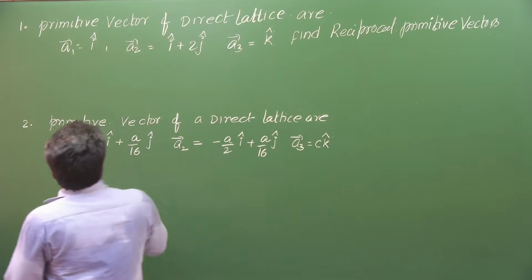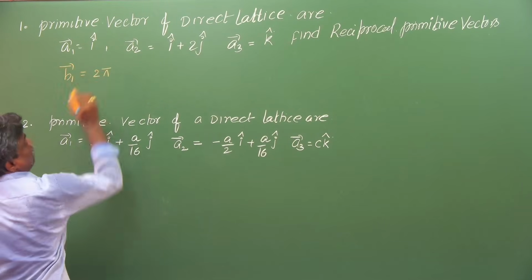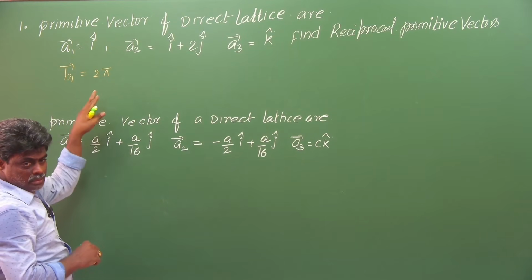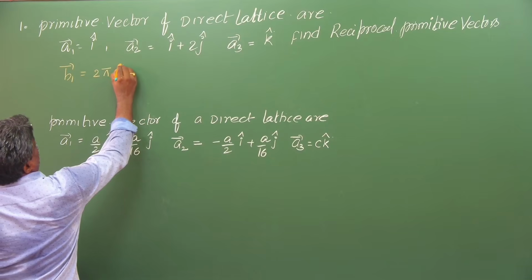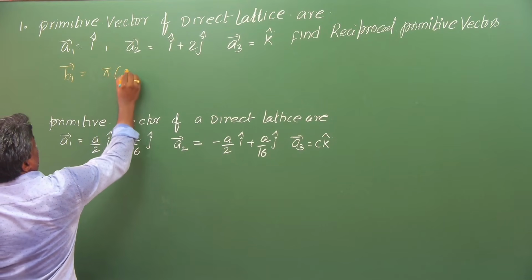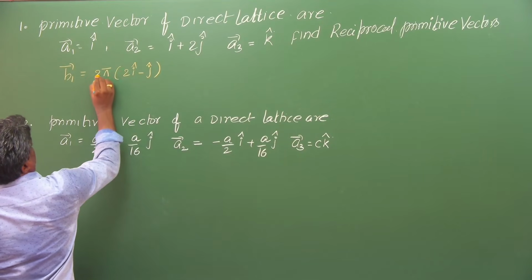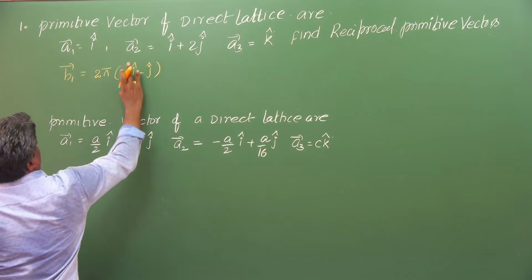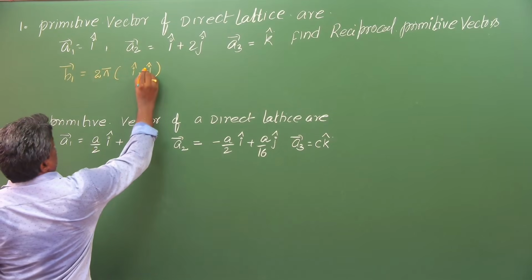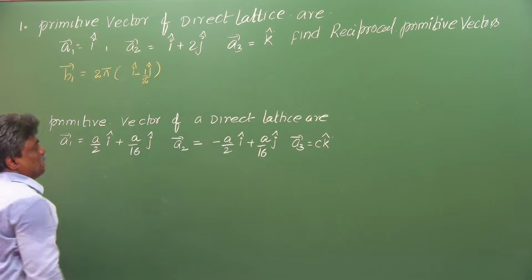Yes. What is the first one? B1 bar, how much is the answer? What did you get? 2 pi into only pi is not there. Minus. You always please write 2 pi, 2 pi into j by 2, because the 2 pi is a scaling factor.